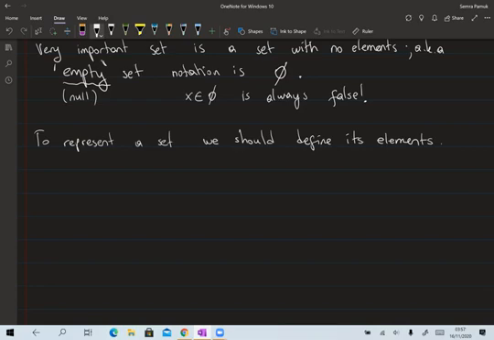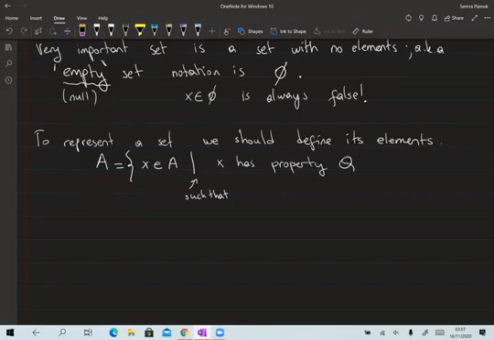How am I going to do this mathematically? We will say, for example, A is a set and X an element of A such that it has this property, let's say property Q. This is how we are going to represent a set.